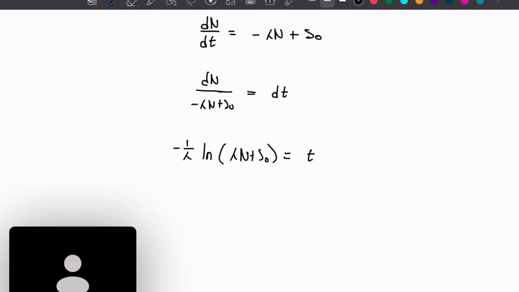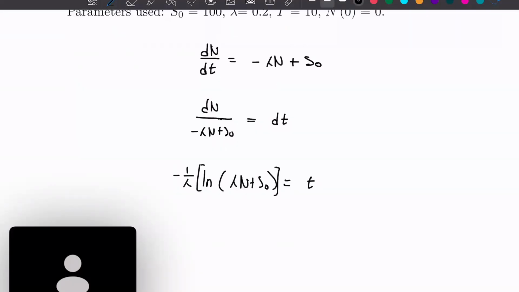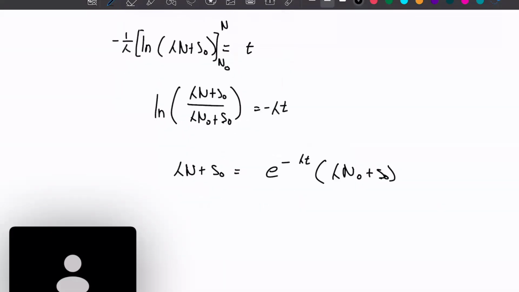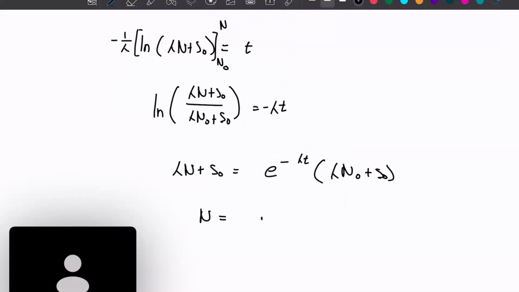Because S naught is a constant, you can do this by separation of variables, from N naught to N. Then ln plus S naught equals e to the power of minus lambda t. You can separate this out.